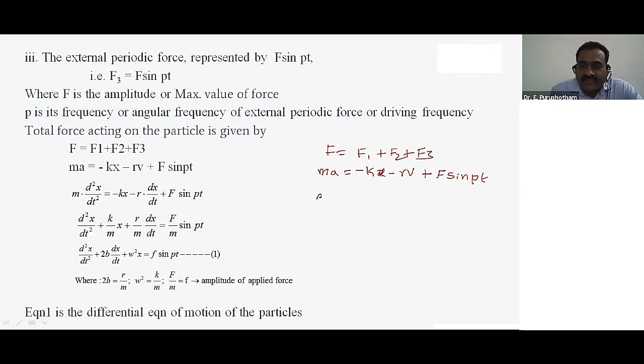So m as it is, acceleration d square x by dt square, is equal to minus kx as it is, minus r constant as it is, velocity dx by dt, plus F sin pt. Now dividing both sides by m.